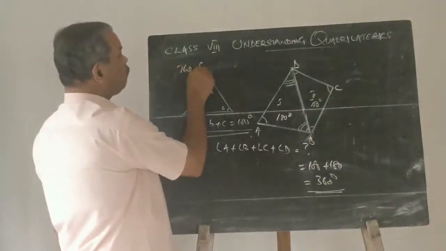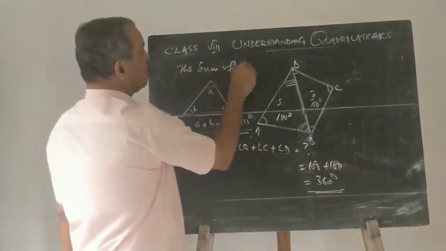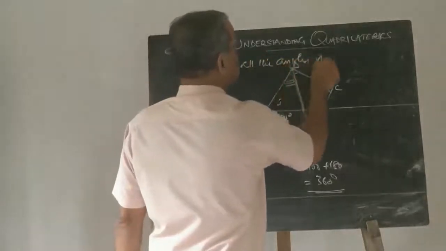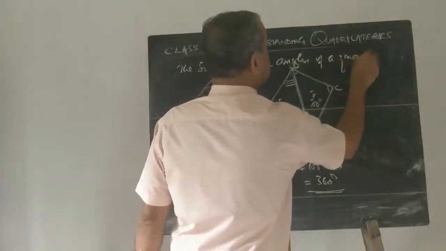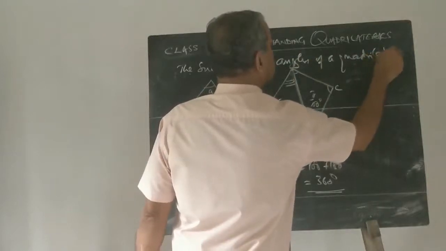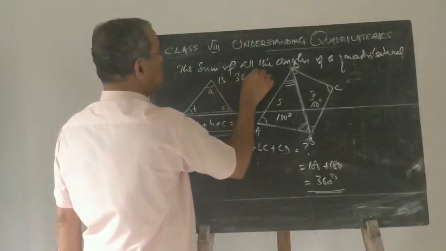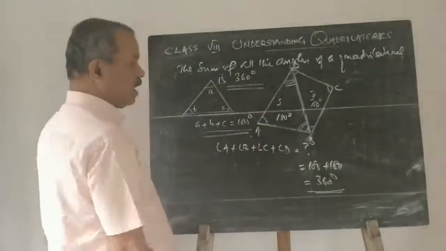The sum of all the angles of a quadrilateral is 360 degrees. Angle sum property.